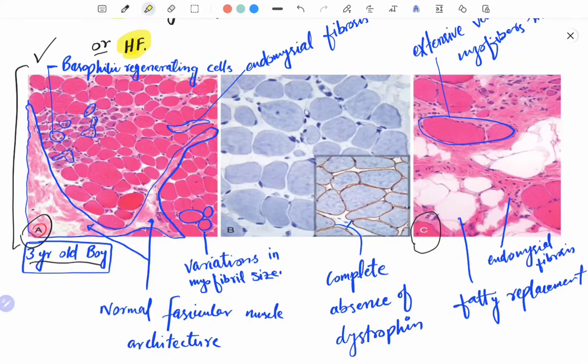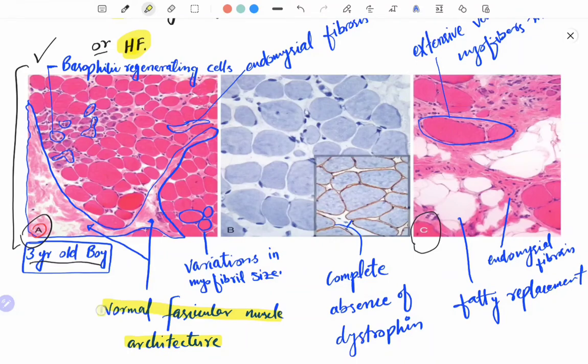thing, and there are other three things that are abnormal, that indicate the presence of disease. But this is the normal fascicular muscle architecture. Disease is at the initial stage and there are no fascicular muscle alterations.